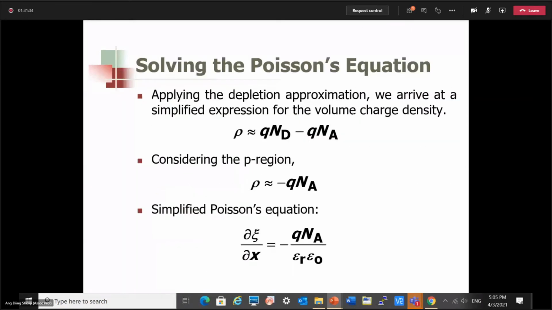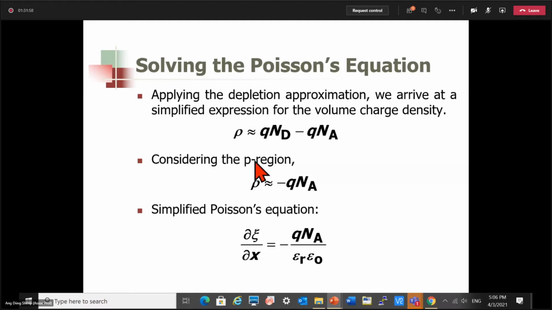With these two assumptions, we can go ahead and solve the Poisson equation. I will discuss the solution for the p side first. After applying the depletion approximation, the simplified expression for the volume charge density rho will be like this. We have neglected the n and p terms here.